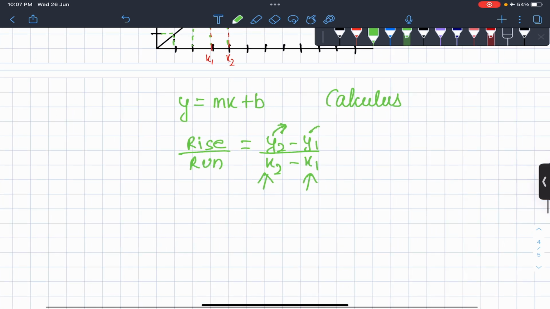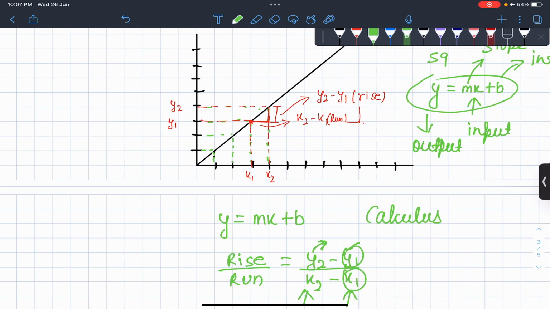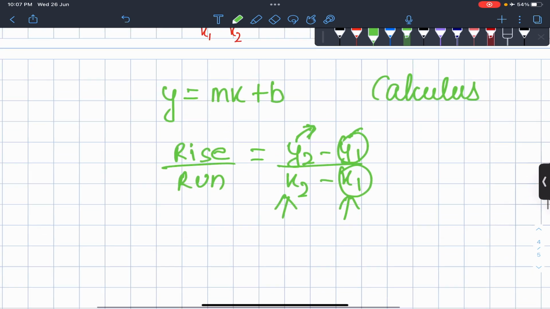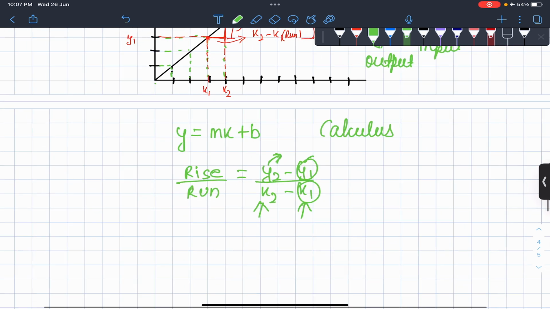If we put this and this, we could find this. Suppose in this graph, which point is this? 0, 1, 2, 3. This is nothing but 3, which is x1.